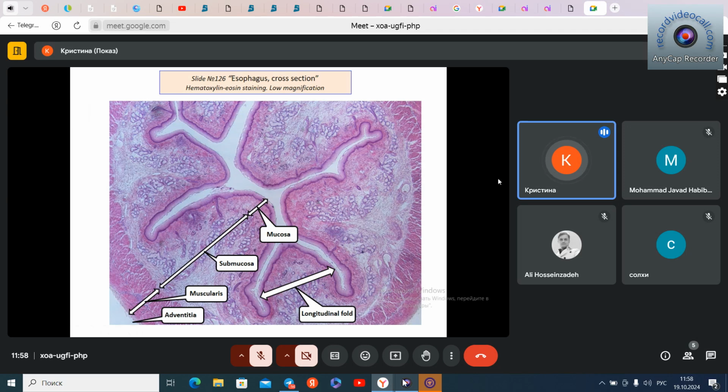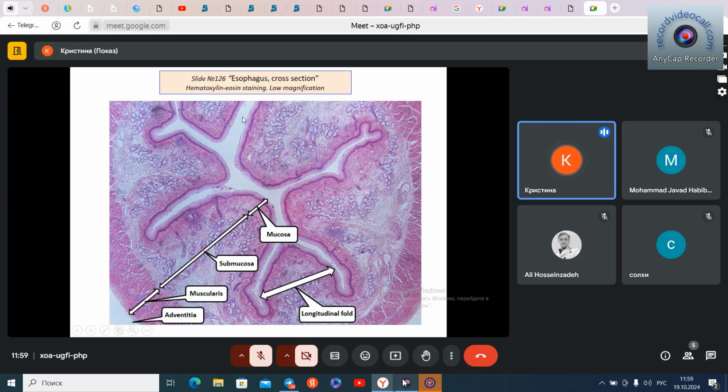Here we see the esophagus in cross-section. The lumen is not round in shape, it is collapsed, stellate looking. It opens only when we swallow the bolus, the piece of food. So, in the normal state without eating, we have this shape of the collapsed lumen and the elements of relief, which are the folds.